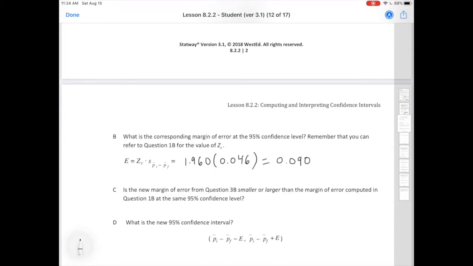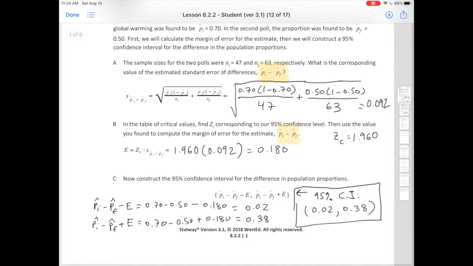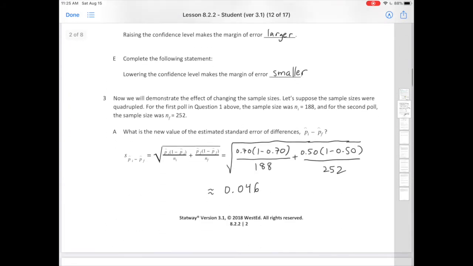Is the new margin of error from question 3b smaller or larger than the margin of error computed in question 1b at the same 95% confidence level? Well, look at 0.090, and the margin of error that we got in question 1b is 0.180.